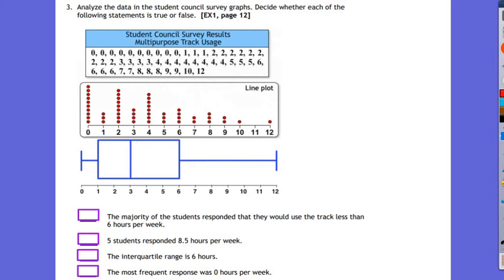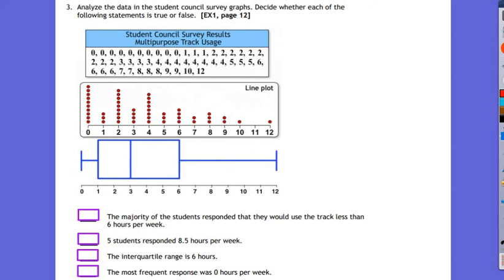Which is the one that is going to tell me the best about that answer? Frequency, I would say, would be the least likely to use. I would assume 7th graders would want to use a line plot because they understand it the best. However, box and whisker is the easiest to answer this question.